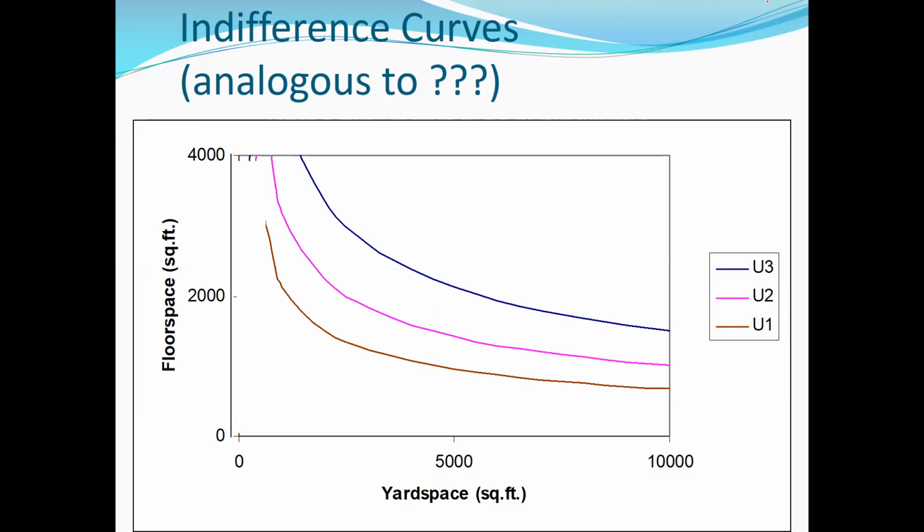So the brown curve has U1 utility, the purple curve has U2, and the blue curve has U3 utility, okay? So these 3 curves have 3 different utility values. But the utility does not change along a single curve. So the utility is constant along each individual curve. And obviously U3 is higher than U2.